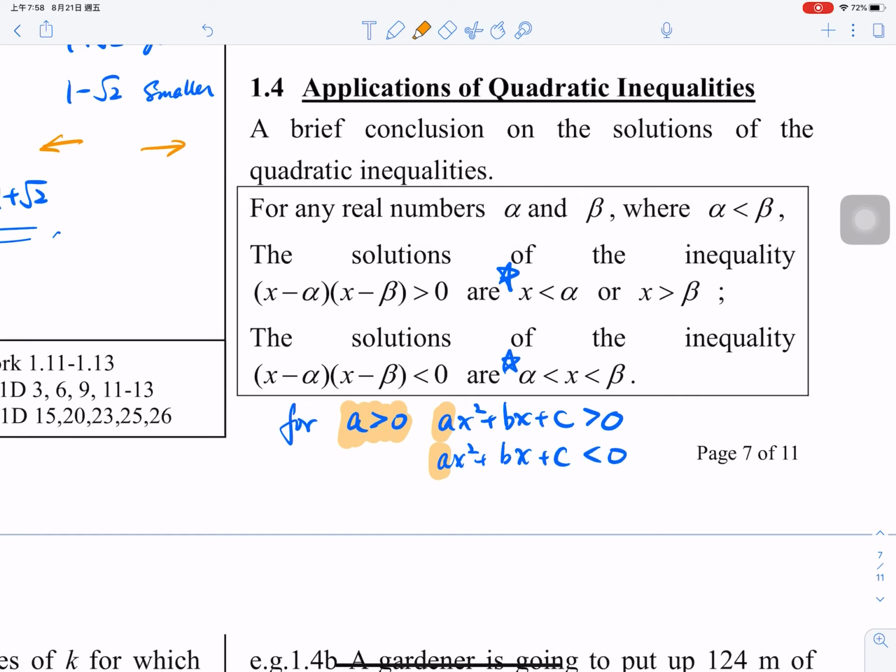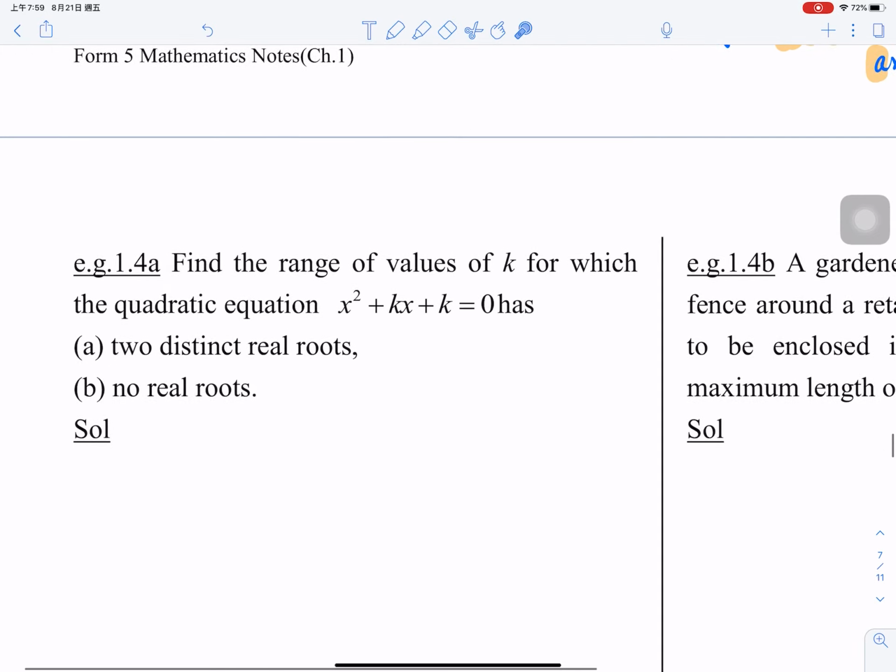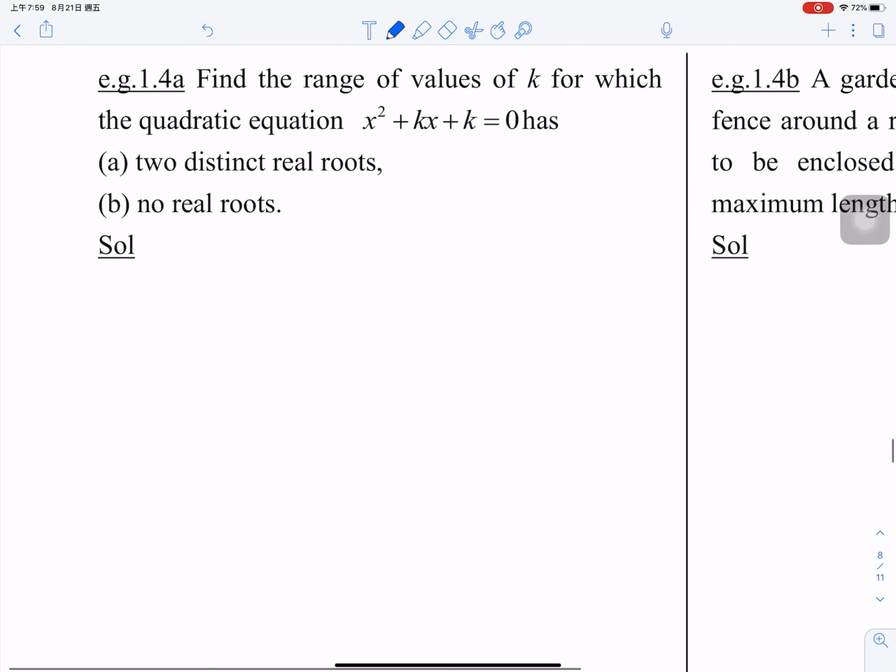Okay? Otherwise, reverse. So it's better for you to remember one kind of quadratic inequality: for those with the coefficient of x squared greater than 0, you can memorize this solution. Clear? Let's go on to have a look at some practical questions.